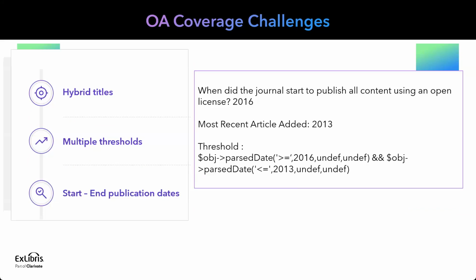For the example here, the journal became open access in 2016. But the most recently added article to that platform in open access dates to 2013, because the publisher decided to digitize legacy content and upload it to the platform as open access. This gives a very confusing threshold of start date 2016 and end date 2013.